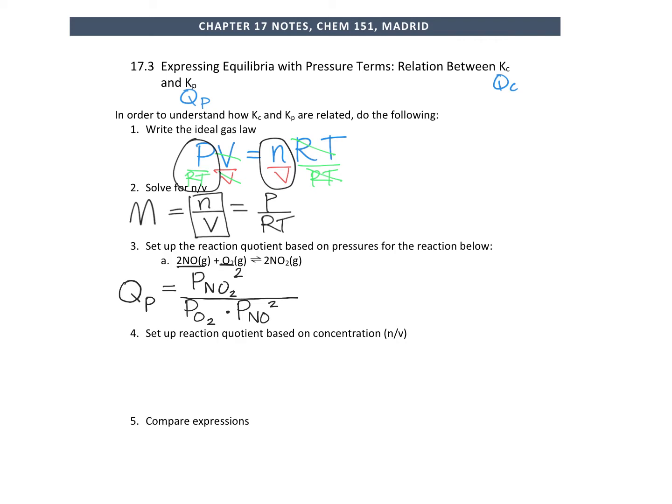Now I want to set up the reaction quotient based on concentrations. So let's do the same thing. QC is equal to NO2 squared over NO squared times O2.